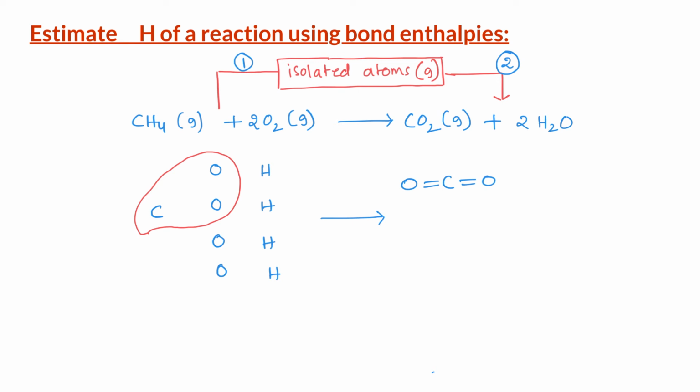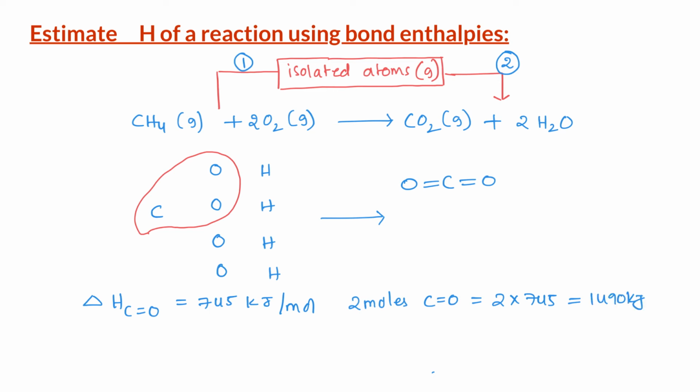As we can see from the structure of carbon dioxide, each mole of carbon dioxide has 2 moles of carbon-oxygen double bonds. The bond enthalpy of carbon-oxygen double bond is 745 kilojoules per mole of double bonds. And we are forming 2 moles of these bonds. Therefore, the energy released will be 2 times 745, that is 1490 kilojoules.